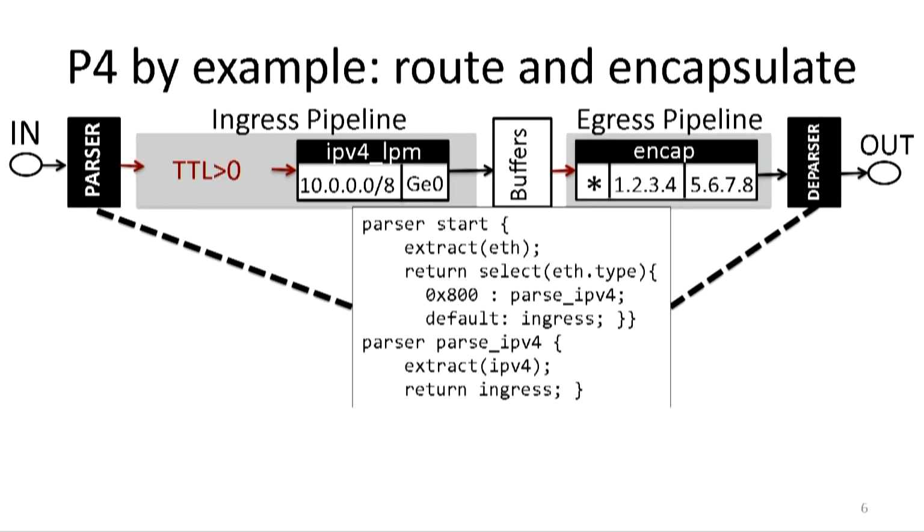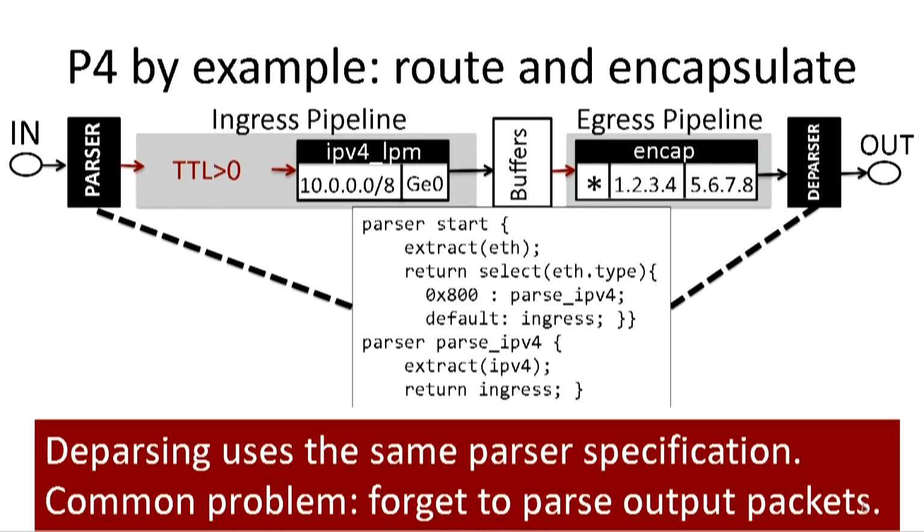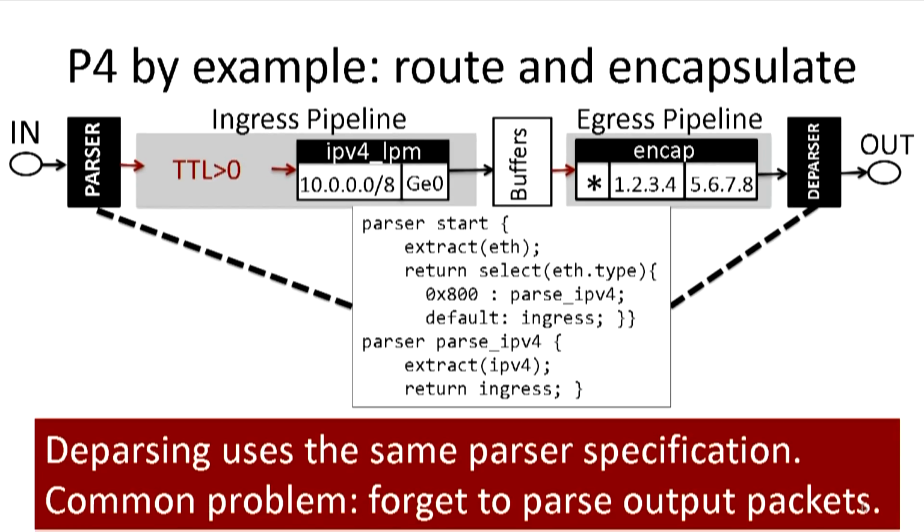In our case, this is the parser. It declares two headers, the Ethernet and IPv4, and parses them accordingly. Now you're already P4 savvy, and you might recognize a problem here. I've told you we should do IPv4 encapsulation.